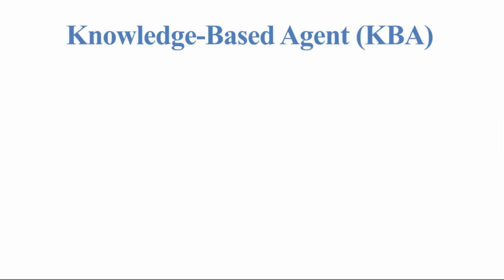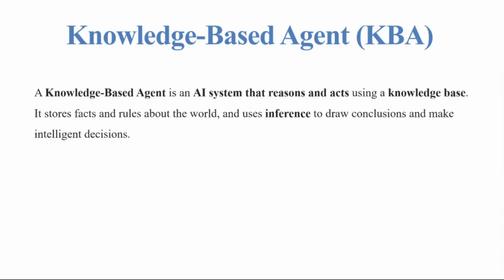A knowledge-based agent works exactly the same way. It doesn't act blindly. Instead, it first looks at what it already knows, thinks about the situation, and then makes a decision. That's why we say a knowledge-based agent is an AI system that reasons and acts using a knowledge base.